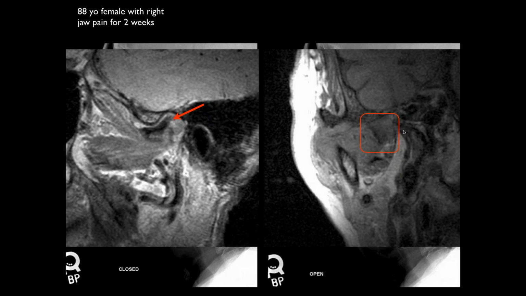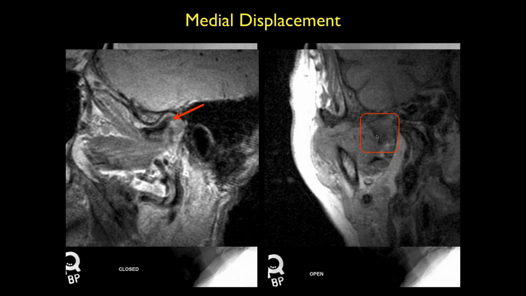And in the open mouth view we don't see it either. So what do you think might be happening here? We have like a dislocation. Okay, good. So the disc isn't in the same plane, the sagittal plane, as the condyle. So you need to look in the coronal images for this.